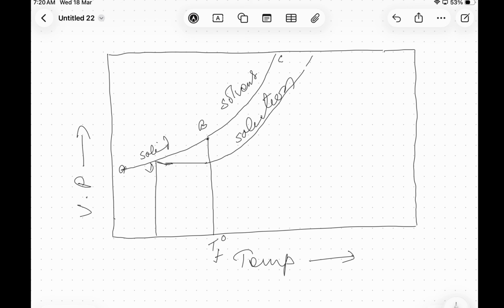That means point D is the freezing point of solution. Once again, at point D, the rate of freezing and rate of melting are equal, and the vapor pressure over the surface of solid and over the surface of solution liquid are equal. That's why TF is the freezing point of solution. The difference between the two is the depression in freezing point. So I think the graph is now clear to everyone.